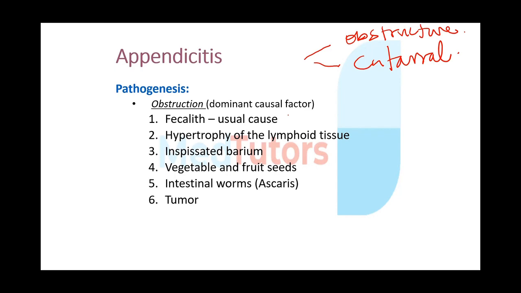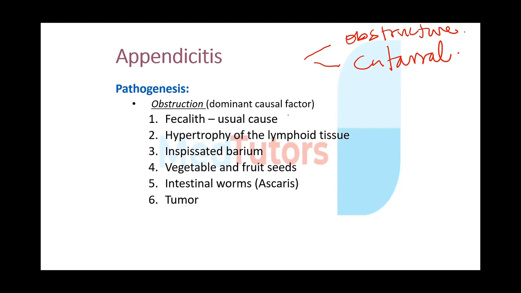When a fecalith obstructs the lumen of the appendix, it causes an increase in intraluminal pressure. This increased intraluminal pressure will exceed the venous pressure. It causes venous engorgement, ischemia, necrosis, and ultimately perforation. And the patient will present with generalized peritonitis if that inflammation is not contained.